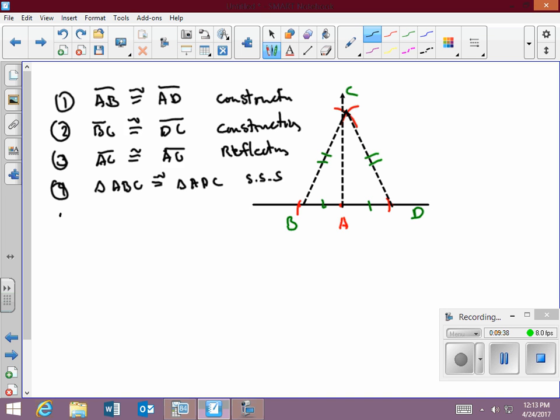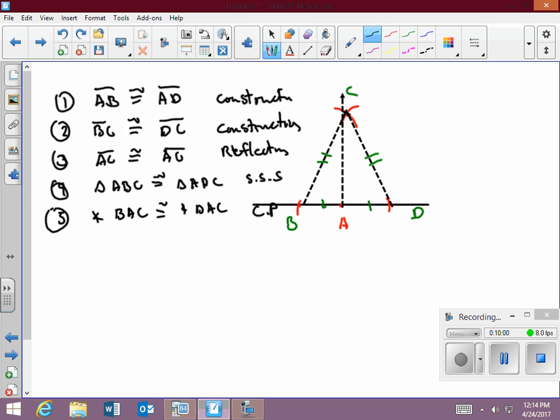And then angle BAC is congruent to angle DAC by corresponding parts of congruent triangles.